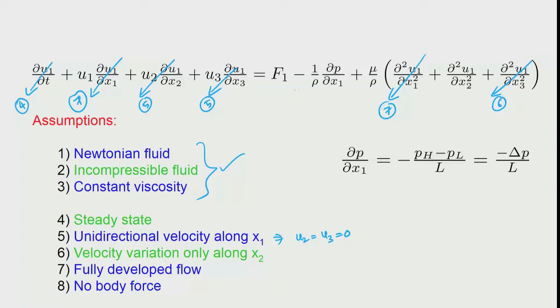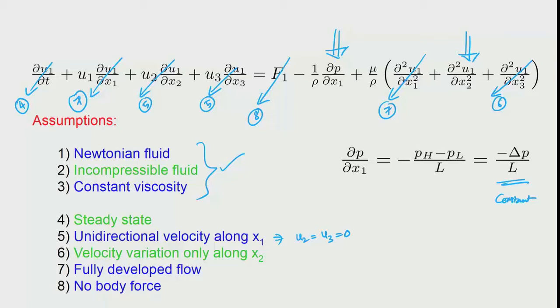Now we have only 2 terms here, and we want to state that there is no body force term. These are the only 2 terms that are of use, and of course, we also make an assumption that the pressure drop term is constant. It could technically be a function of distance, but to keep our problem simple, we take that as a constant.